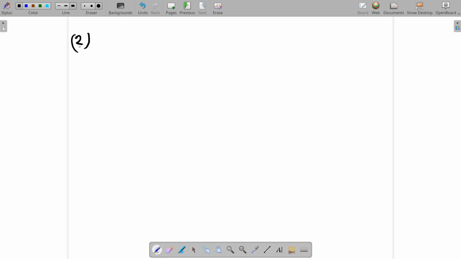Now the second question that comes to mind is, how do we decide whether F is empty or non-empty? Before we can even solve an LP, this is the kind of question we want to answer. Is it a vacuous problem that we're trying to solve? So how does a computer decide whether F is empty or not?